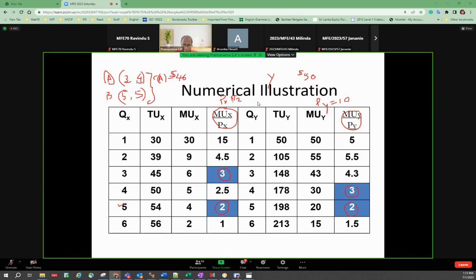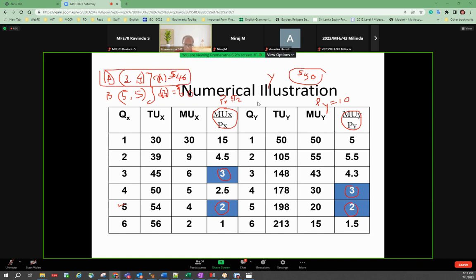To buy basket B you need $60. Now imagine you have only $50. In that case, you can only go for basket A.